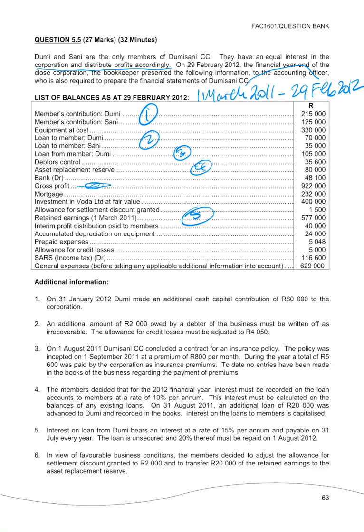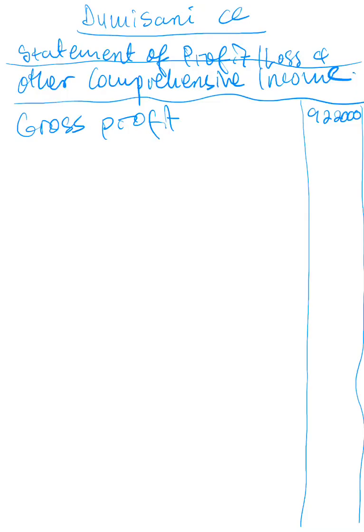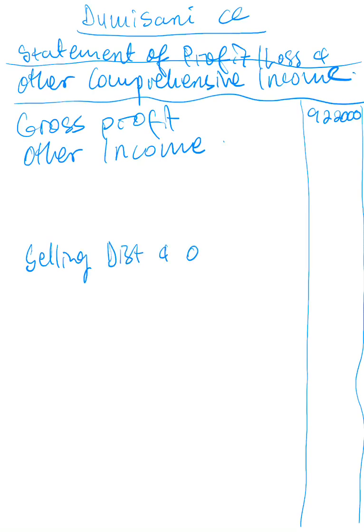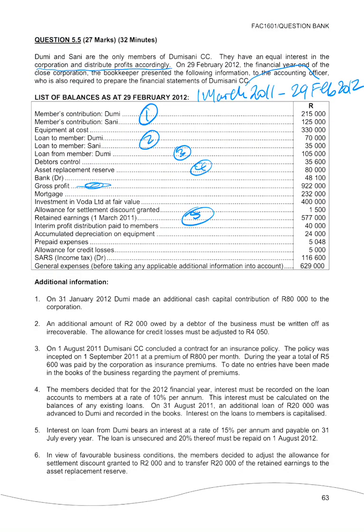Next, we have got, obviously, after gross profit, other income. Then jump a few lines, we have got selling, distribution, and other expenses. Right, which items do we have? So we have been given gross profit, mortgage, investment, allowance for settlement discount, retained earnings, accumulated depreciation, prepaid expenses, allowance.